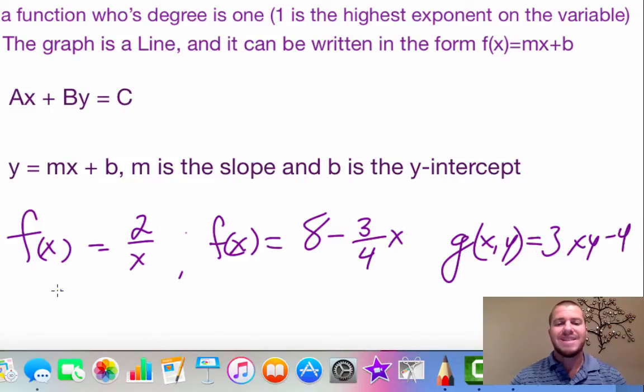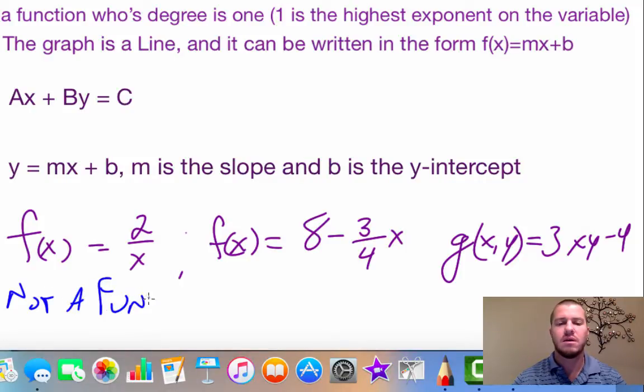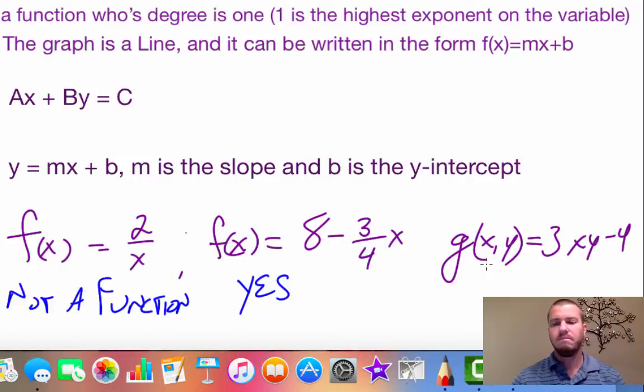The first one is not a function because the x, the variable, is in the denominator, is being divided by the variable. The second one is a function. And this last one is not a function because you have two variables that are being multiplied together, and two variables as your input, basically, which makes this not a function either.